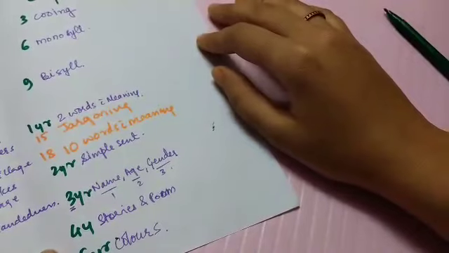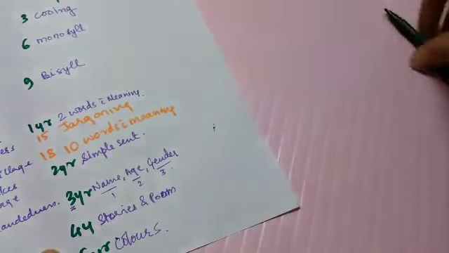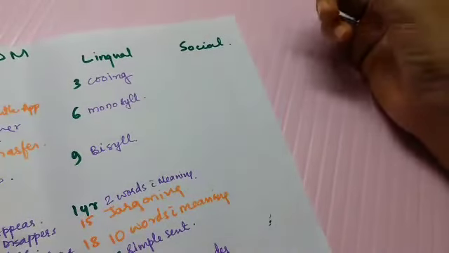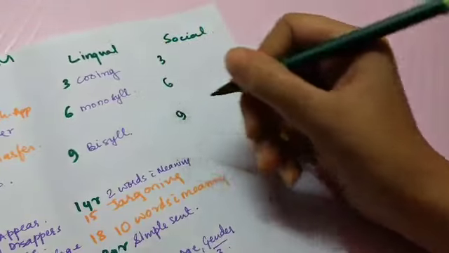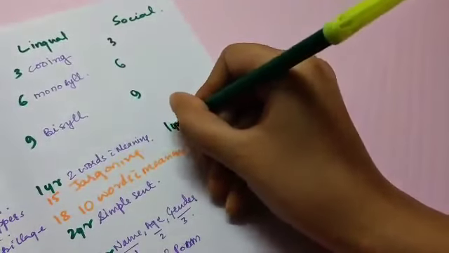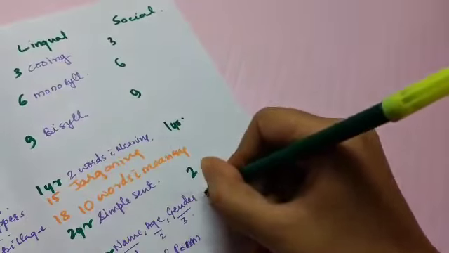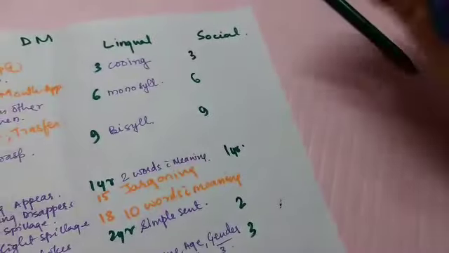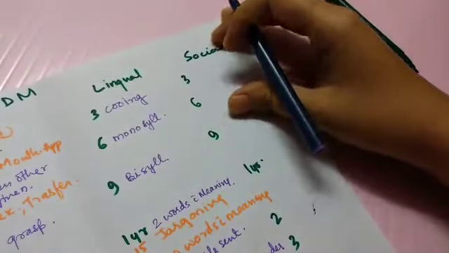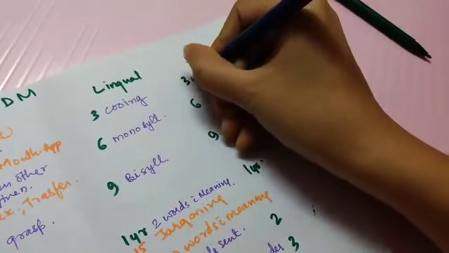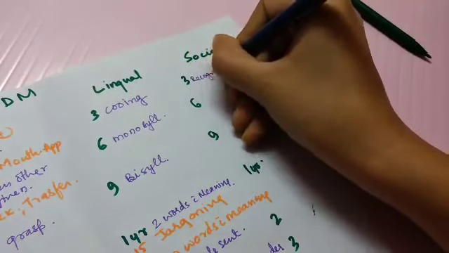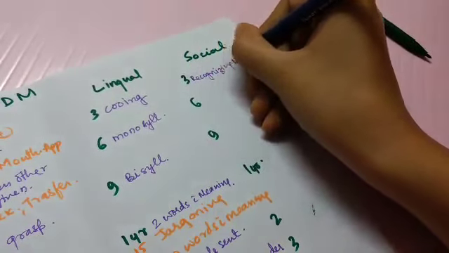Now coming to our last one, the social milestones. Let's start with 3, 6, 9, and 1 year, and 2, 3, 4, 5. In social milestones, at 3 months the child starts recognizing mother.